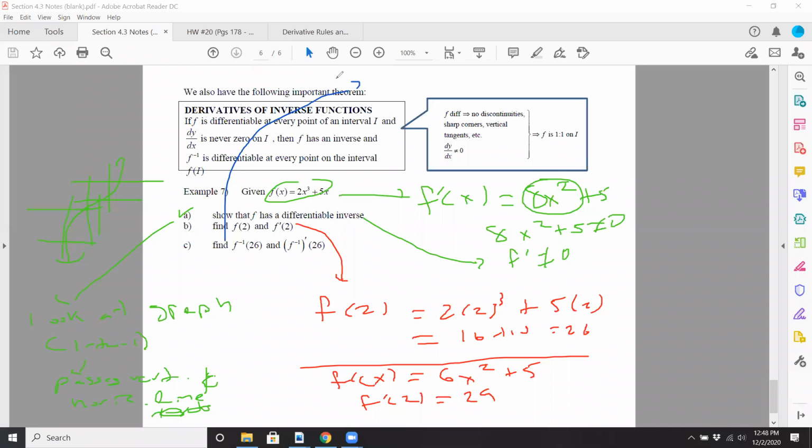Then you just realize that, hey, let's use that little trick we just did with the box. We have 2, 26. Then you have 26, 2 for the inverse, right?